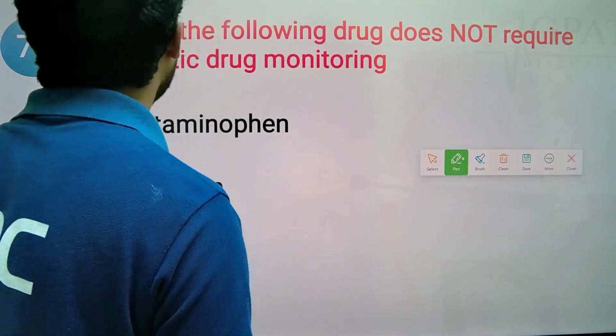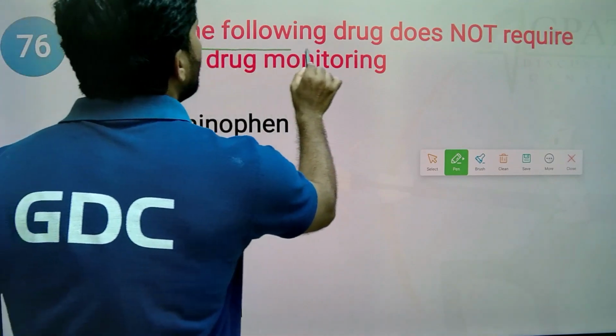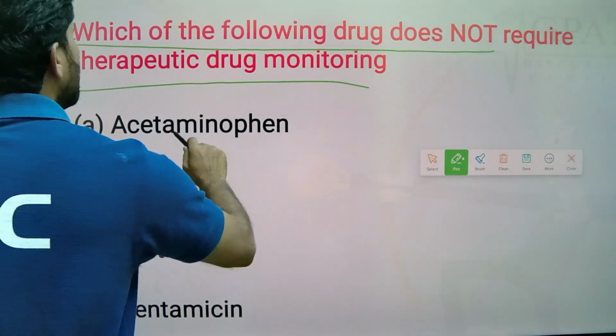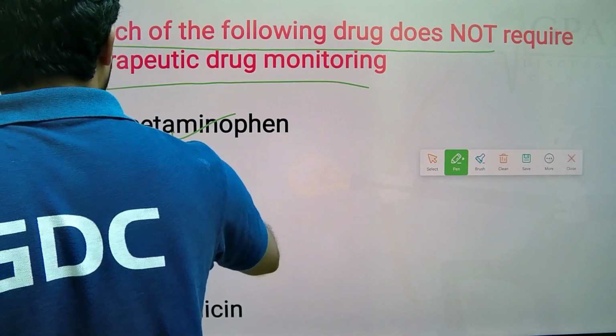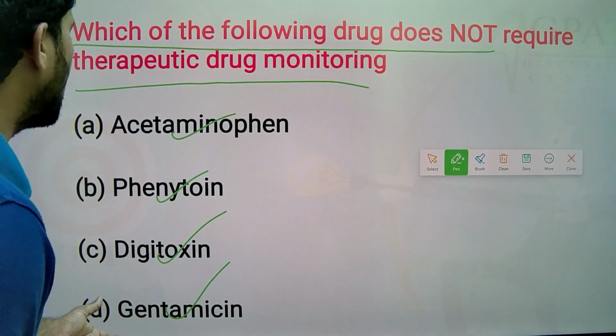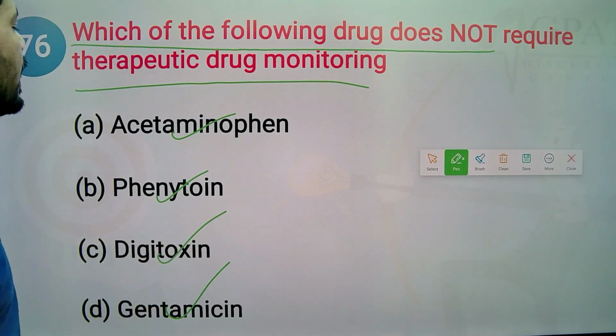Here our question is, which of the following drugs does not require therapeutic drug monitoring? Acetaminophen, simply paracetamol, phenytoin, digoxin, gentamicin. Gentamicin is an antibiotic, digoxin is a drug for CHF treatment, phenytoin is an antiepileptic.